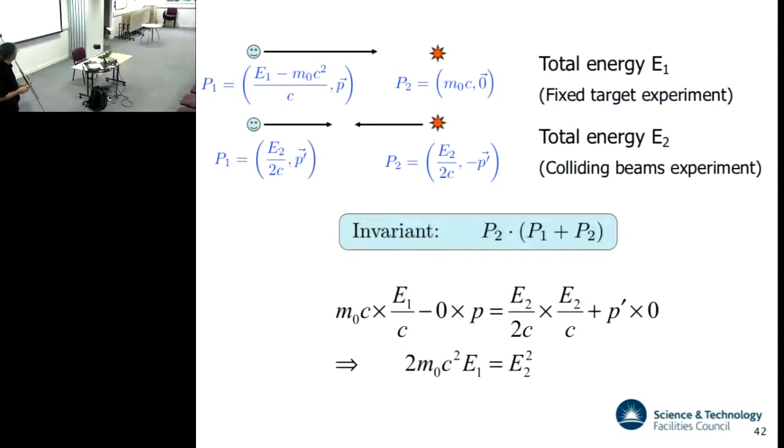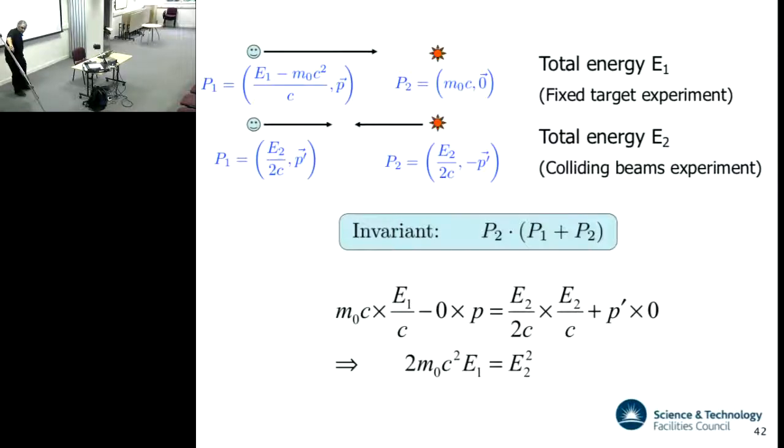So they're my two, and I'm going to dot that with P2, which is quite nice to have a 0 here, so I don't have to worry what's going on down here.